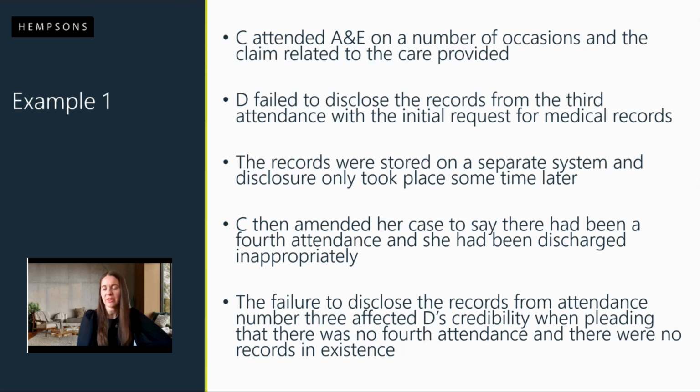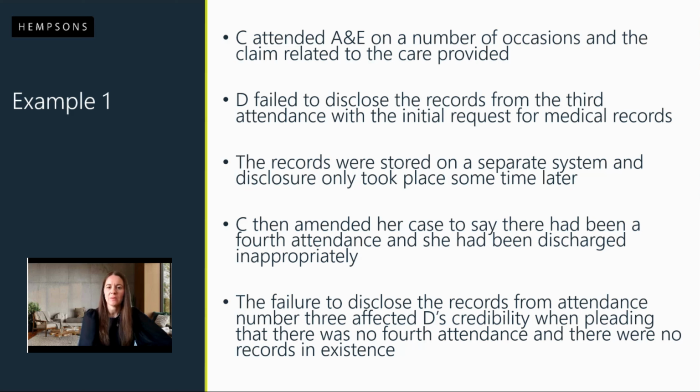The records for that third attendance were stored on a separate system, and disclosure only took place sometime later. As I said, it was a couple of years later, when the case was continuing to proceed, that those documents were disclosed. So the claimant then amended her case to say there had been a fourth attendance and she had been discharged from hospital inappropriately.